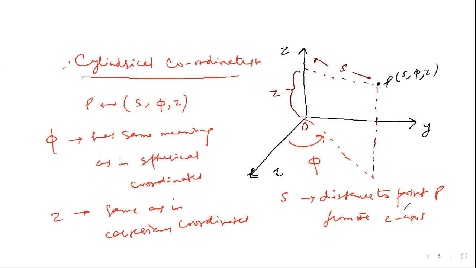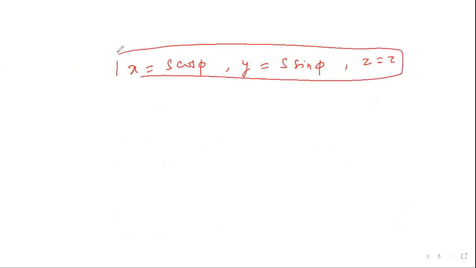You can see from the diagram the relation between cylindrical coordinates and the Cartesian coordinates. So the relation: x is s cos phi, y is s sin phi, z is z, there is no difference.